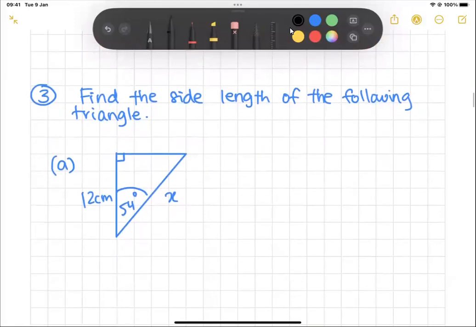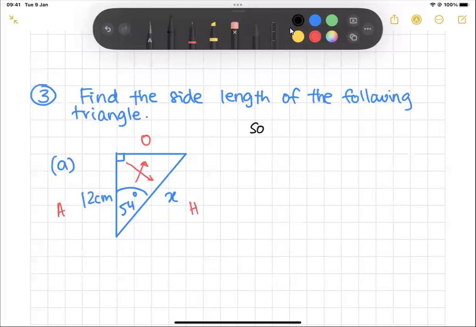Now, my third example is find the side lengths of the following triangles. Okay, this triangle here, again, first step is to label it. So I've got my degree. I'm going to label this side the opposite. Got my right angle. I'm going to label this the hypotenuse. My lucky last is adjacent. So, done that.